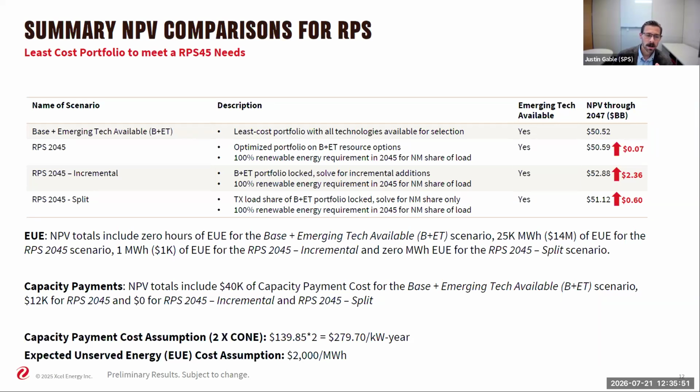However, there are some very important caveats with exactly the modeling approach for the RPS split scenario, where we are removing New Mexico thermals and allowing Texas to continue to build thermals, and then re-optimizing around only allowing renewables and non-carbon emitting resources. We'll pause that conversation until we get to those slides, and we'll just run through these NPV values. But in general, do people have a question about what we are presenting here right now?